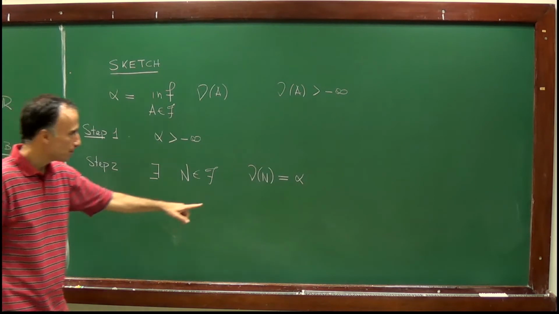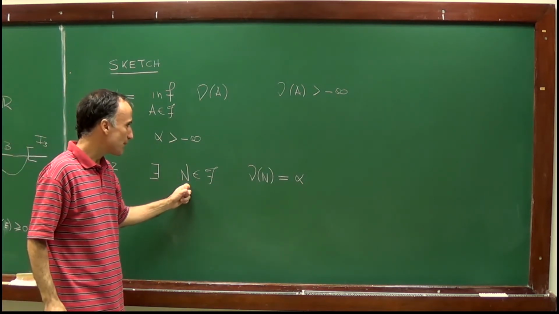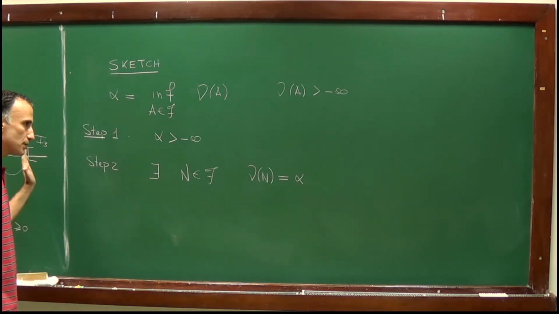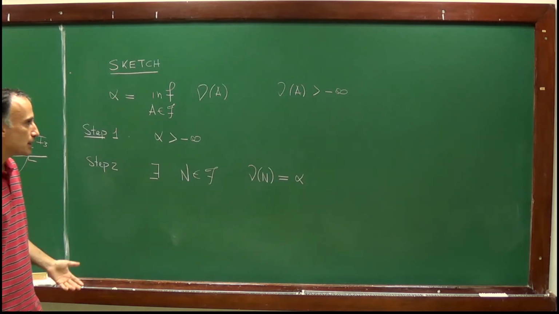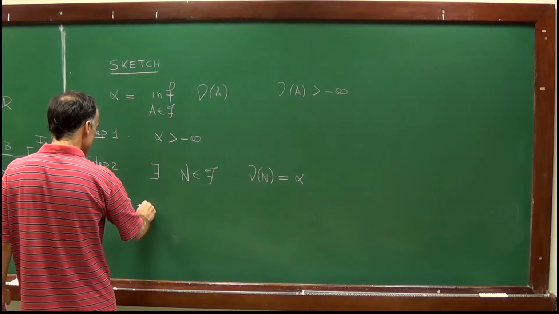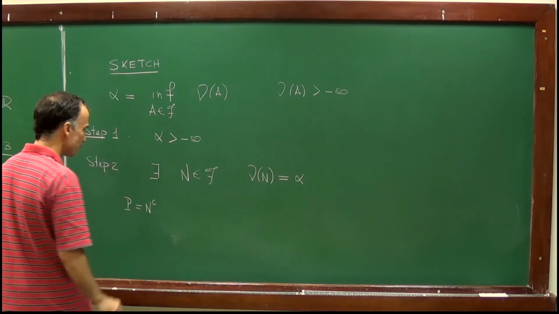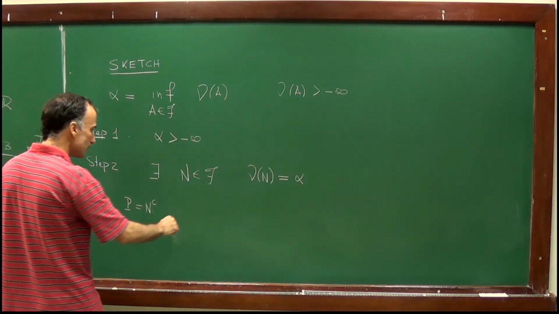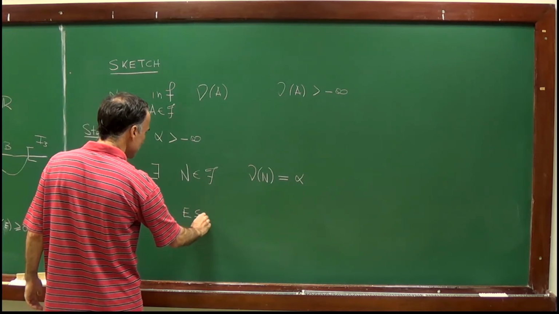And now I claim that this set N has exactly all the properties of the theorem. And this is clear because, well, let me represent by P the set N complement. And let's consider a set E, which is contained in P.